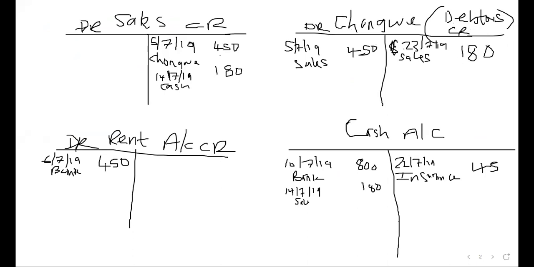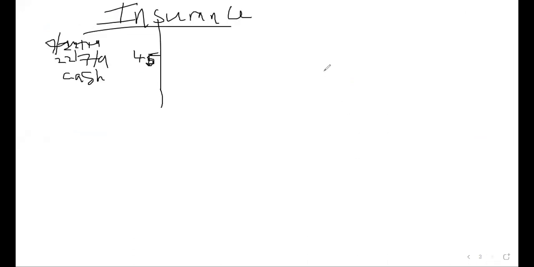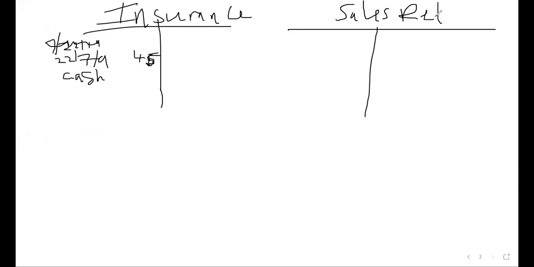So open an account called sales returns account on that date. So sales returns. Which date was it? 23/7/19. 180 came from Chongwe.